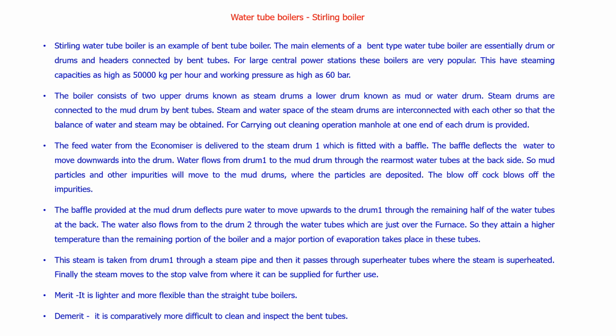It is lighter and more flexible than straight water tube boilers. But the disadvantage is that it is difficult to clean. So this is the drawback of this Stirling boiler compared to Babcock and Wilcox boiler.